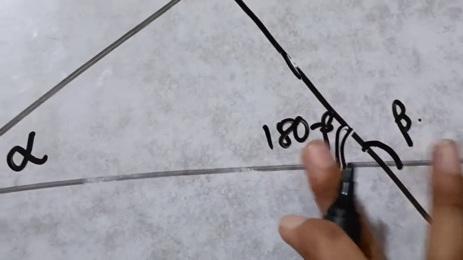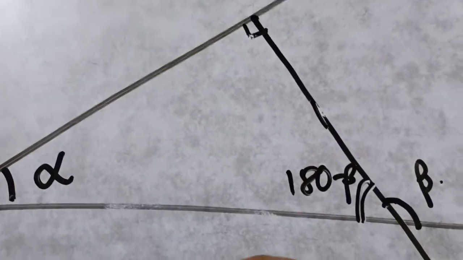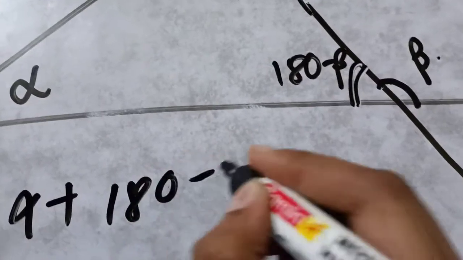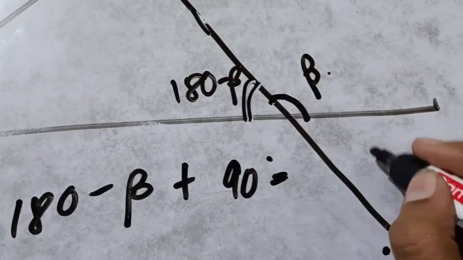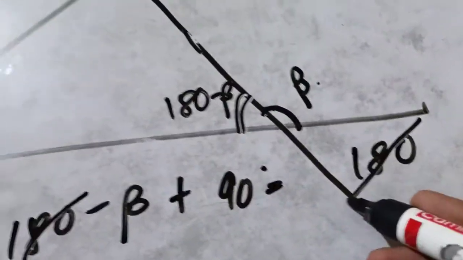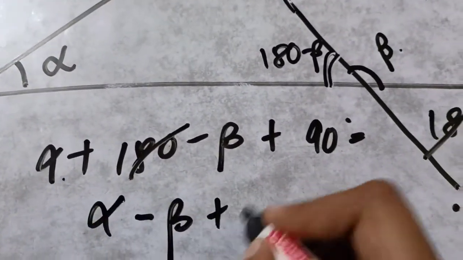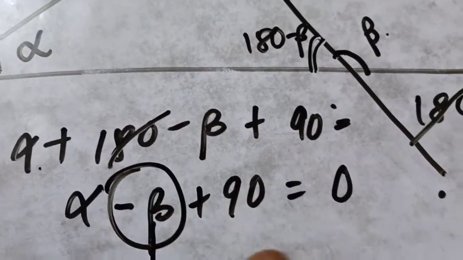This 180 minus beta plus alpha plus 90 is equal to 180. Alpha plus 180 minus beta plus 90 degrees is equal to 180. This 180 will get cancelled out and you get alpha minus beta plus 90 degrees equals 0.